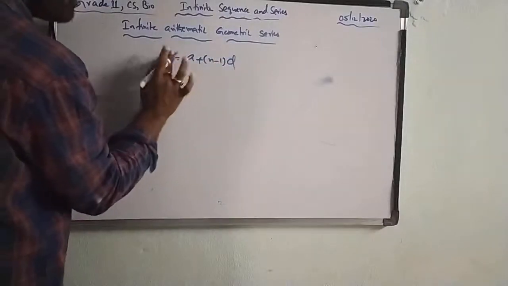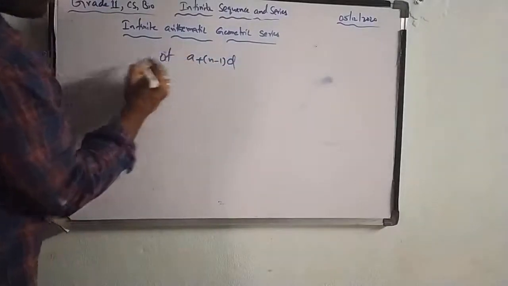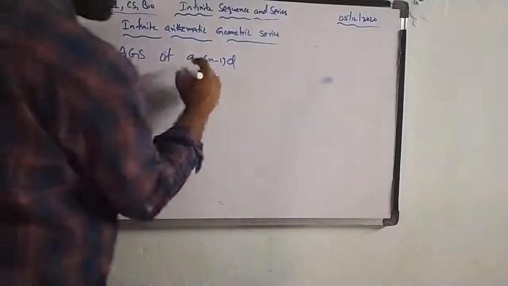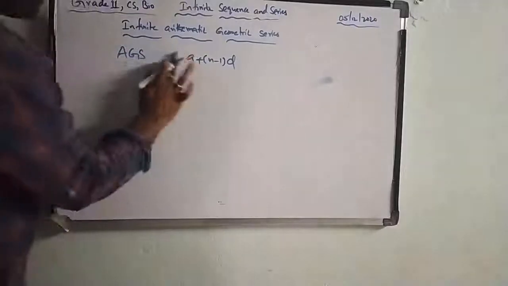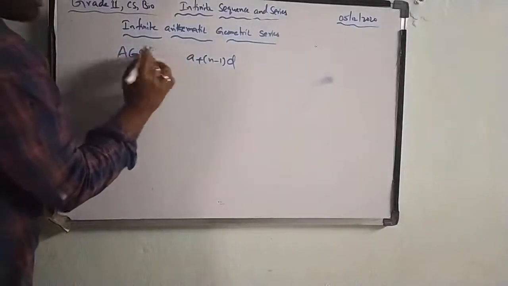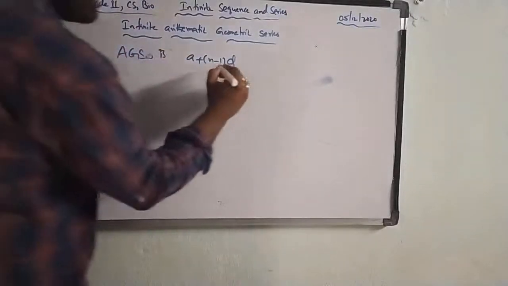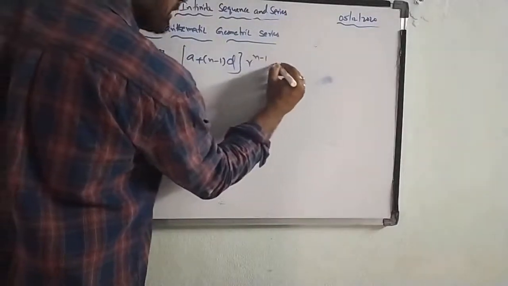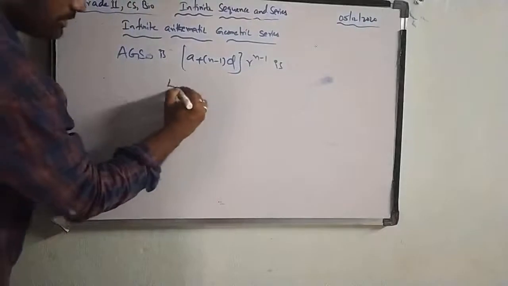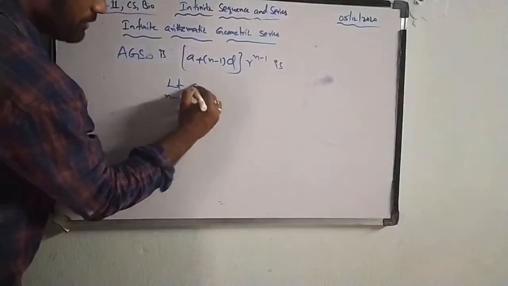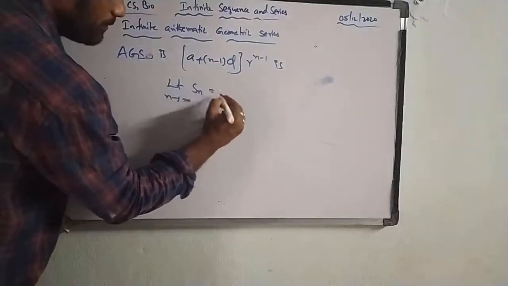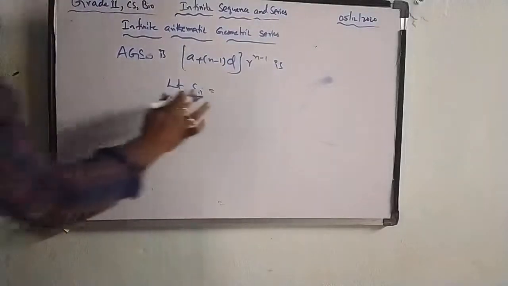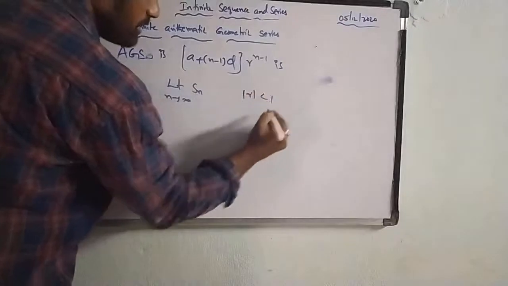The AGS is given by (a plus (n minus 1) d) r to the power of n minus 1, and S is the limit as n tends to infinity of Sn, where mod r is less than 1.